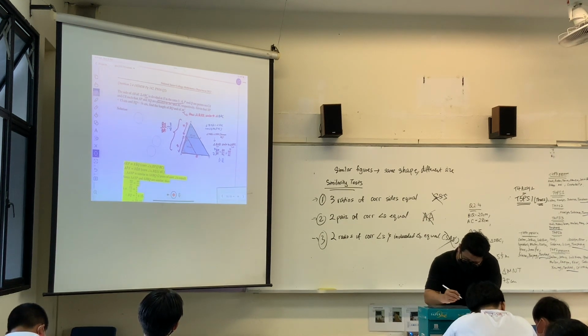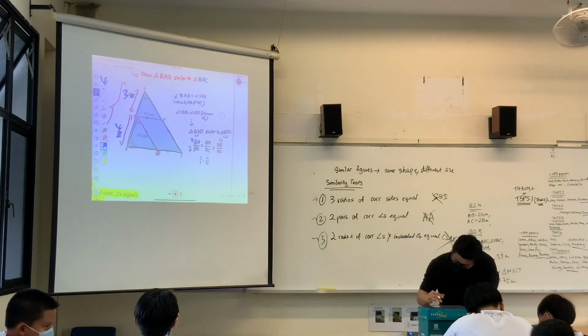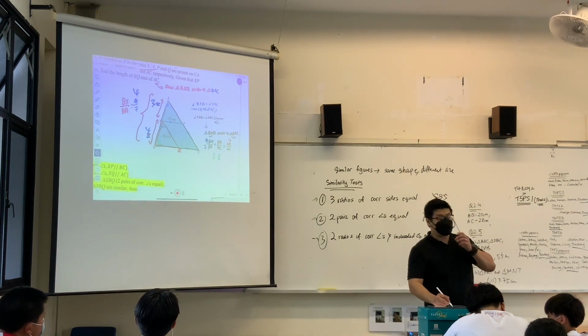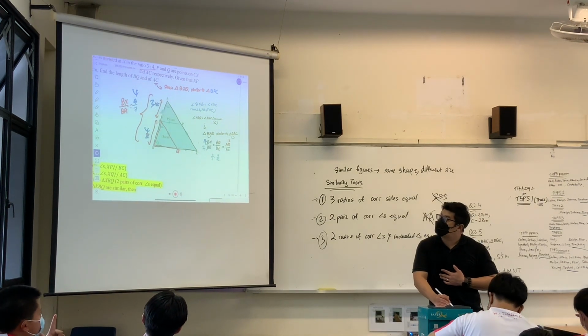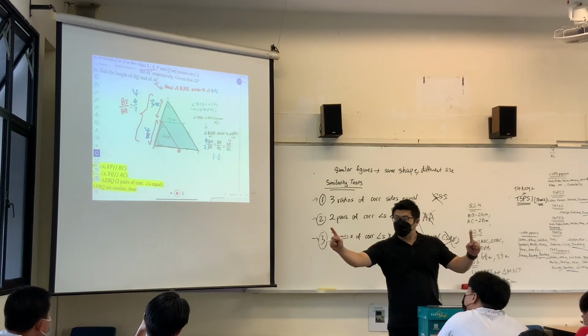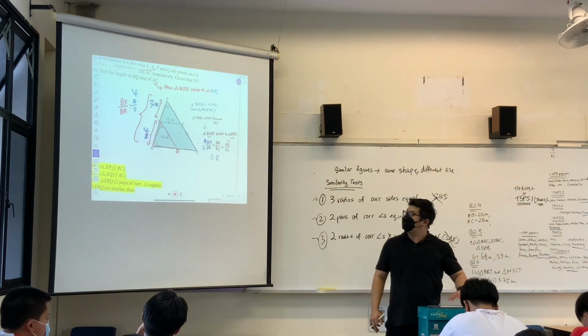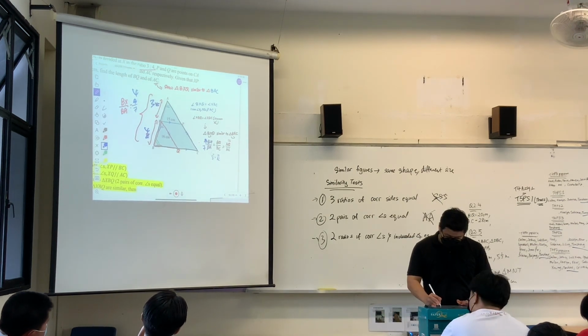Oh, yes. Sorry, Mulan, I asked the wrong question. This is 4/7. Thanks, Hamza. AB is divided 3:4, that's why this part is 4/7.